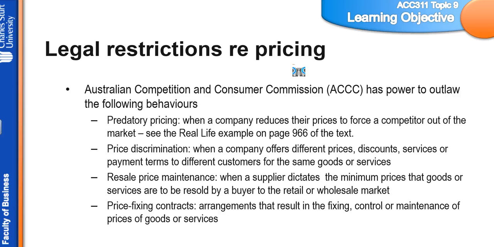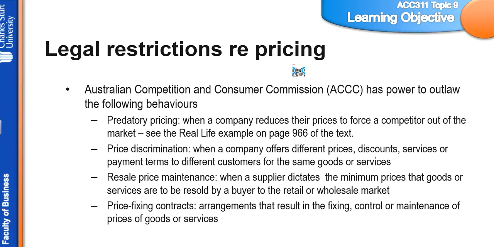There are a number of legal restrictions to pricing. The Australian Competition and Consumer Commission has power to outlaw a number of behaviours. So there's predatory pricing, when a company reduces their prices to force a competitor out of the market. And have a look at the real life example on page 966 of the text for predatory pricing.